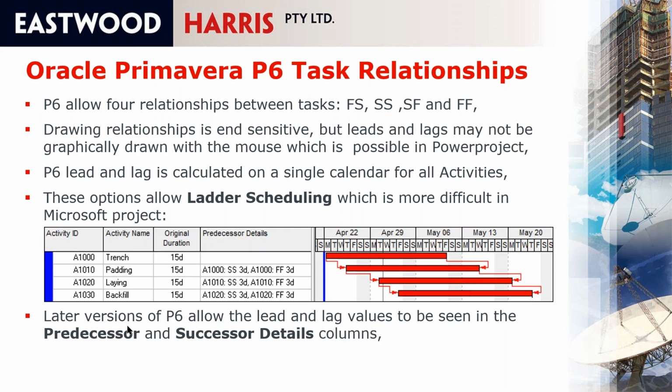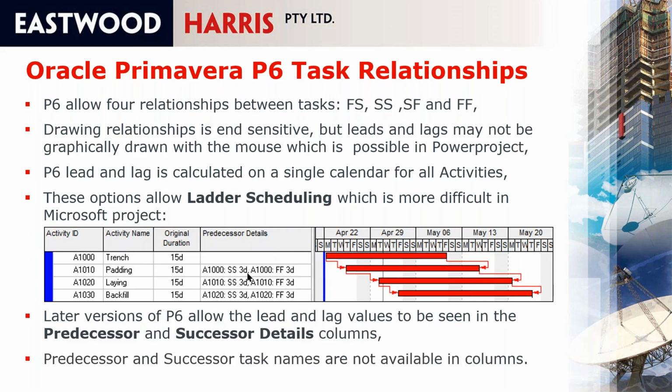Later versions of P6 now allow the lag values to be seen in columns, which wasn't available in earlier versions. So this is a more recent functionality. But the predecessor and successor task names are not available in columns in Oracle Primavera P6. So although this is a lot better functionality than Microsoft Project, let's have a look at what we can get out of Powerproject.